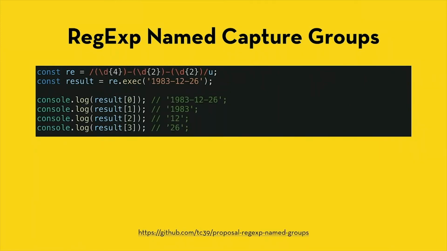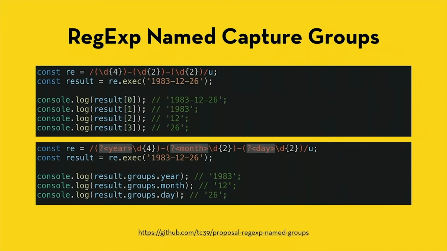And then one thing about regular expressions that I want to mention. This is really confusing sometimes: what is the year, what is the month, what is the day, and it depends on the format or the country. What if we could just name them? The first thing here is the year, the second thing is the month, and this is the day. Well, you can do that using named capture groups.